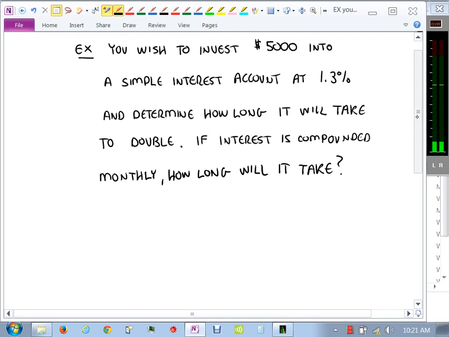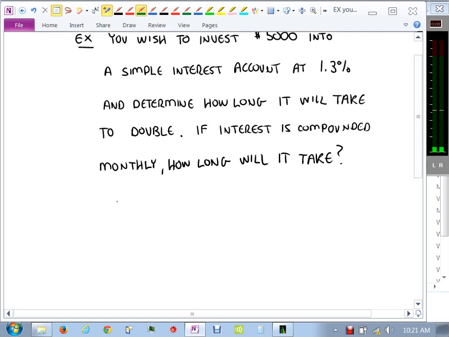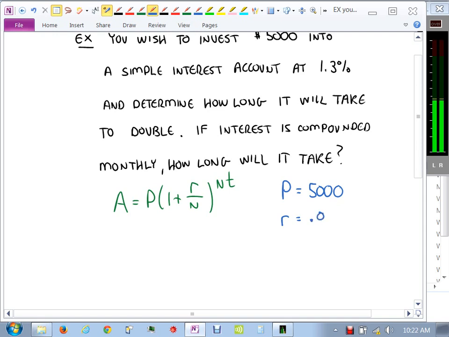Okay, ready? Let's write down the formula. A equals P times 1 plus R over N raised to the NT. Let's write down the things that we know. Do we know P? What's P? P is how much we're going to put in. Do we know R? 0.013, right?